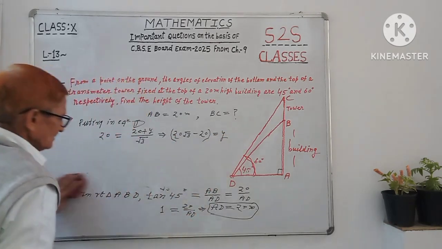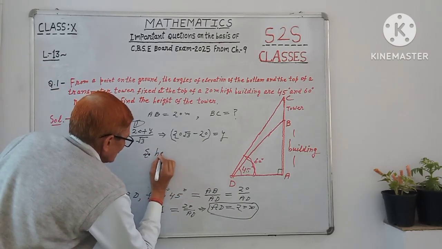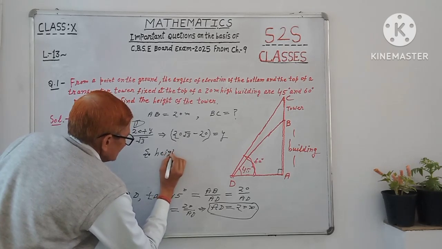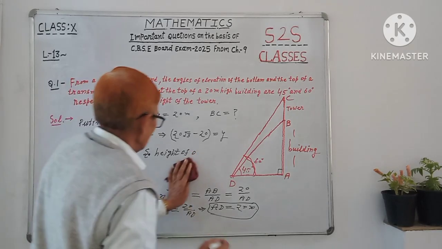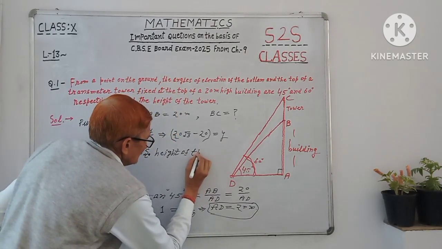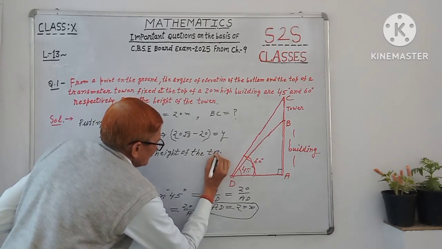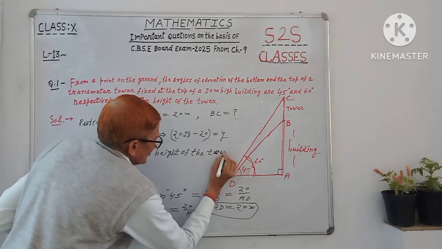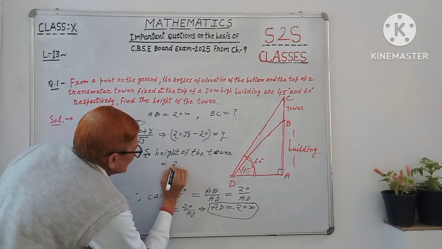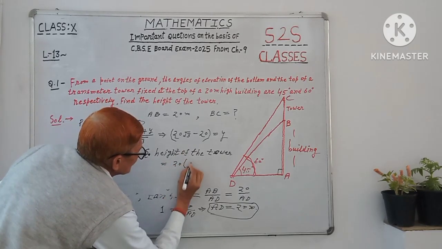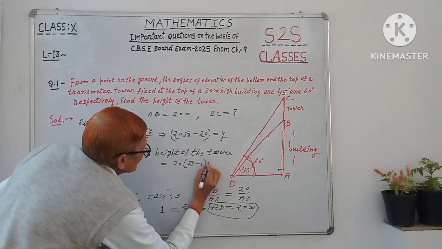So this is the height of the tower. We can write in the sentence: y, then 20 common, we can write root 3 minus 1 meter.